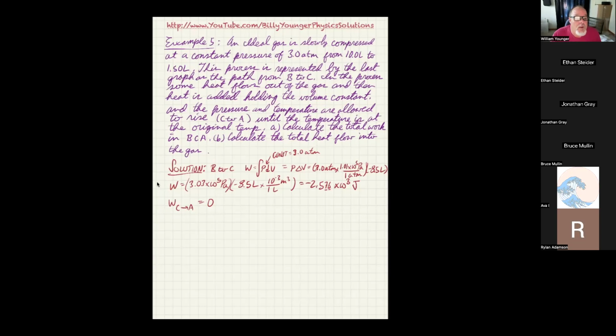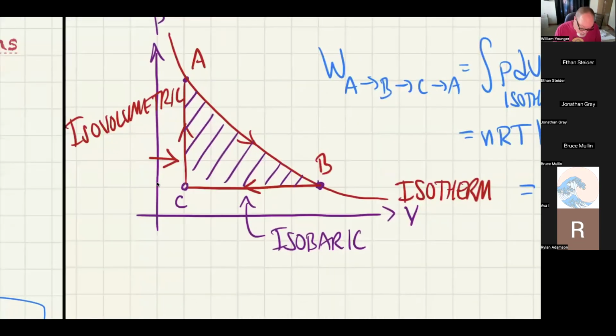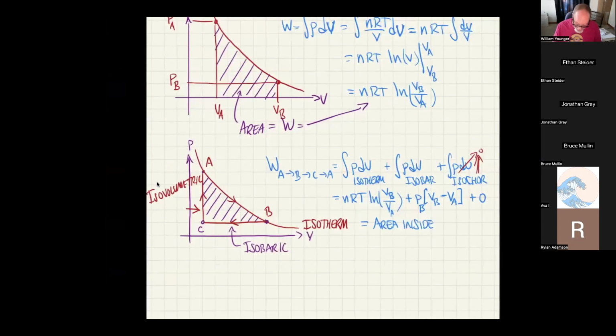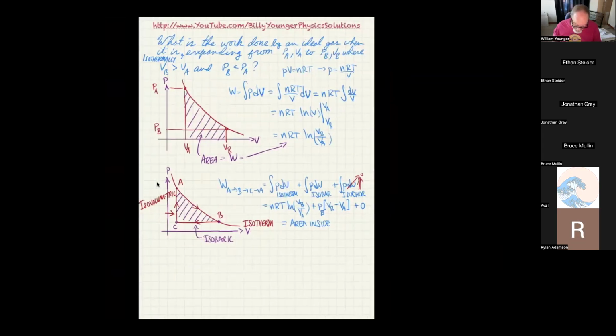So now I can go ahead and calculate what work is done from A to B. If we look back here, that isobaric part was what we just did, and the isovolumetric part we also did. Now we're supposed to do the part from A to B, which was the isothermal part, which we already got the answer for.